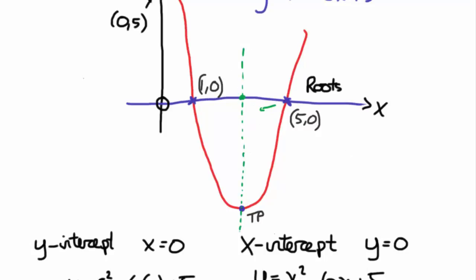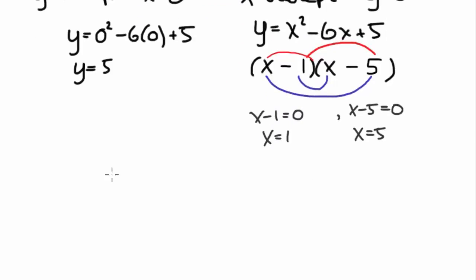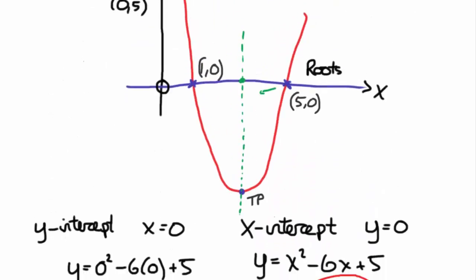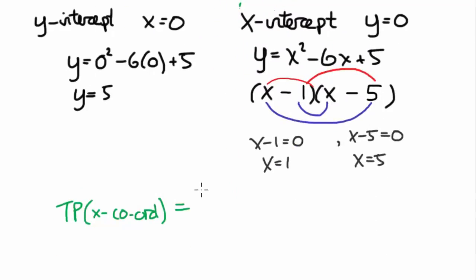And to work that out, let's use the x coordinate of the turning point. That equals, you just add the two roots together and divide by 2. So that equals 1 plus 5, divided by 2, which equals 3.